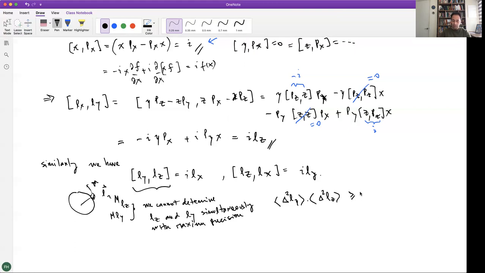This product is always lower bounded by a value, which is the minimum uncertainty. This is non-vanishing, or just say finite. It's always bounded by a finite minimum uncertainty.